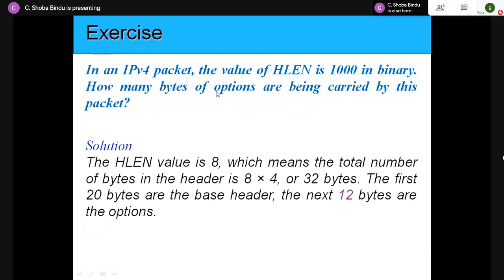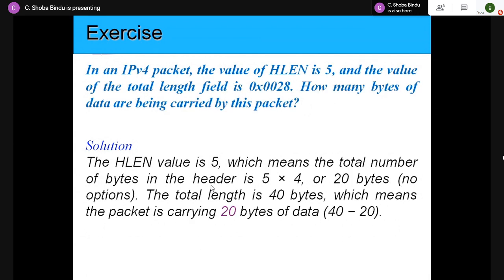Among this, how many bytes of options are being carried? The mandatory header is 20 bytes, but now it is carrying 32 bytes. So 32 minus 20, 12 bytes is the options that you are going to have in the header.